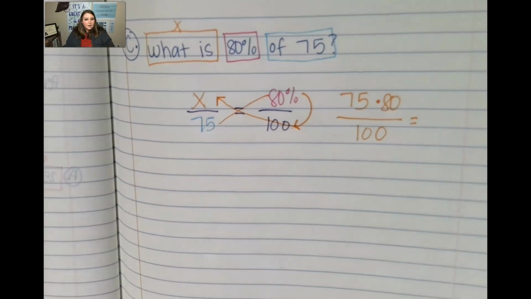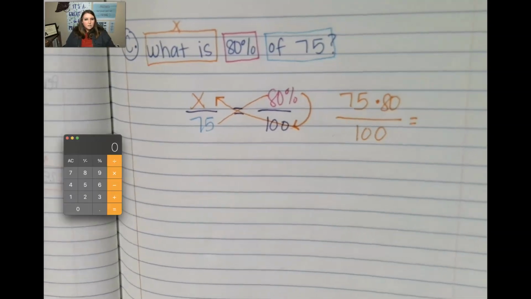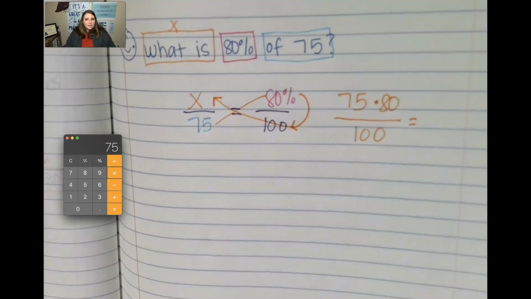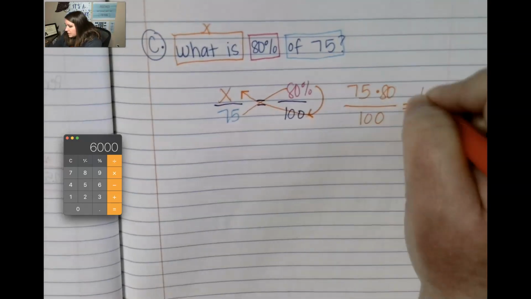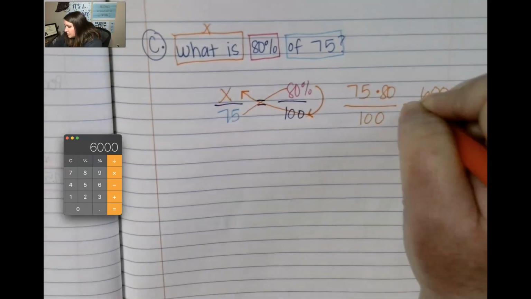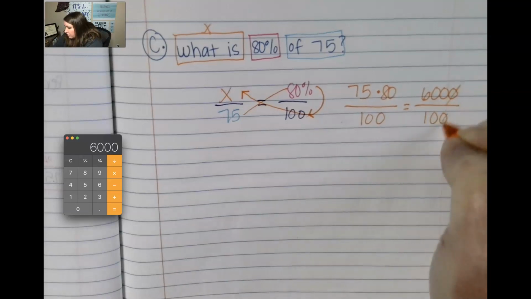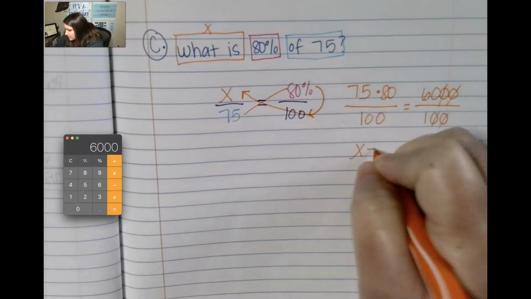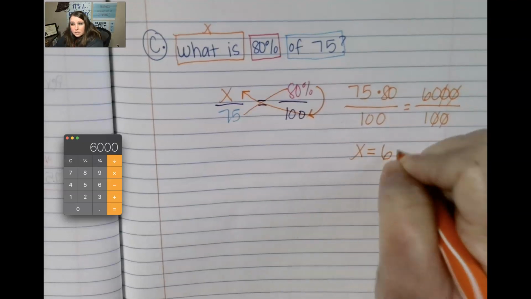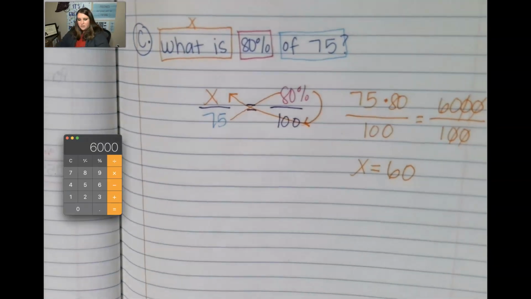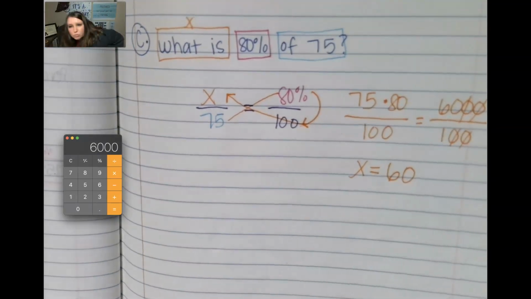So let's go ahead and pull out our calculators. 75 times 80 gives us 6,000 divided by 100. So you could just cross off the zeros and you get 60 over 1, or x equals 60.